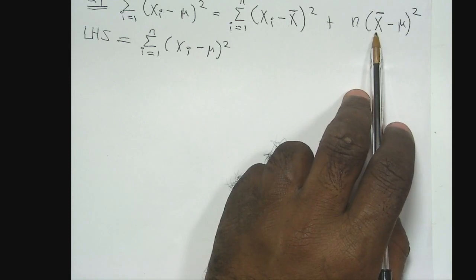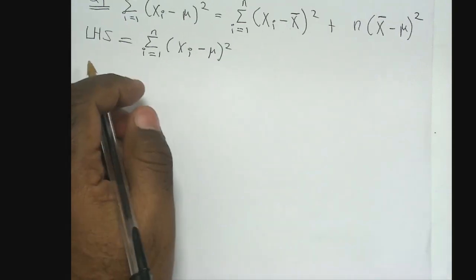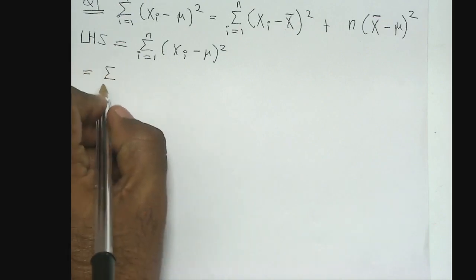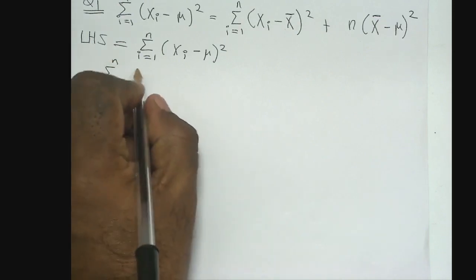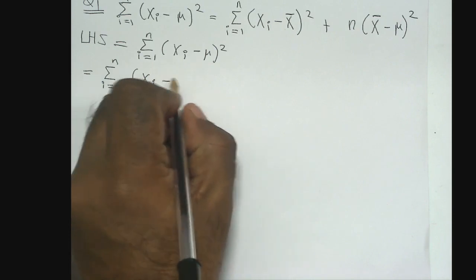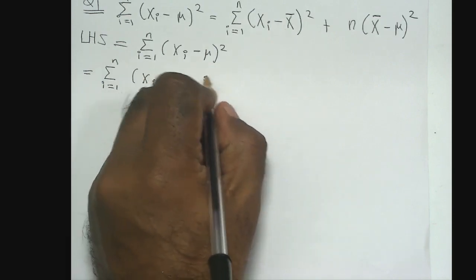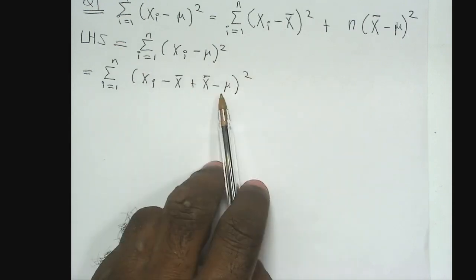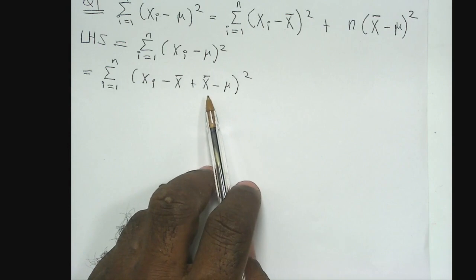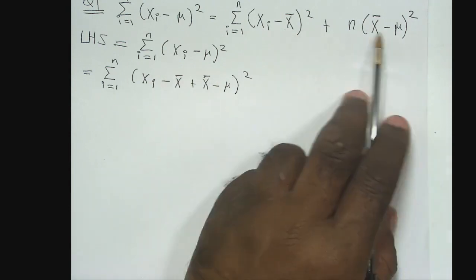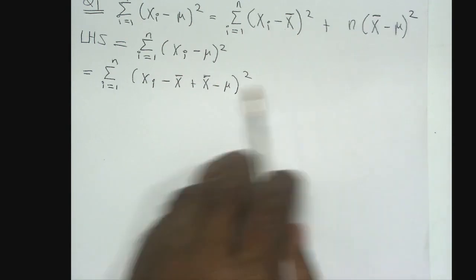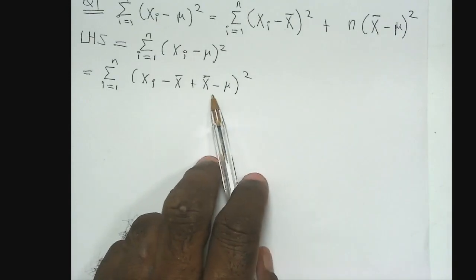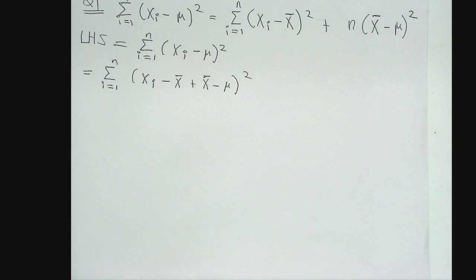So the first thing I want to do is write this as this. You see what I've done? Why have I done this? Because you have x bar on the right hand side, and because of that I have introduced a minus x bar and a plus x bar. So I haven't changed anything, guys.